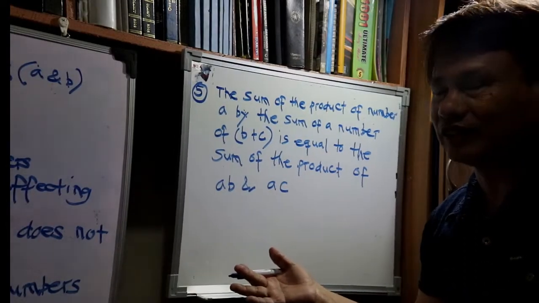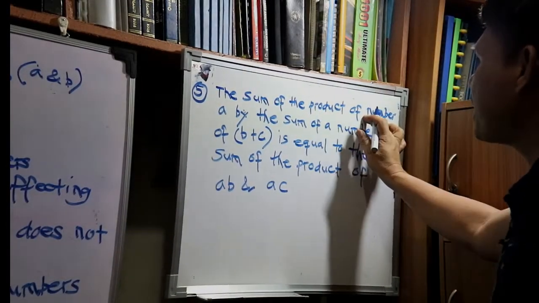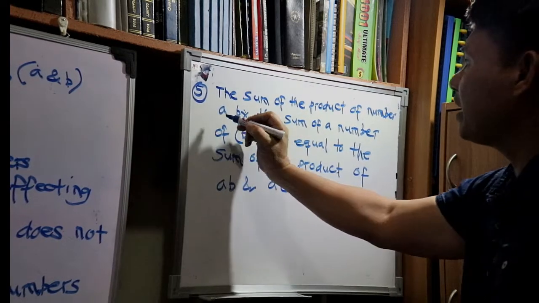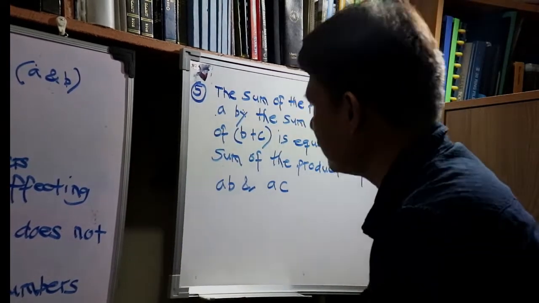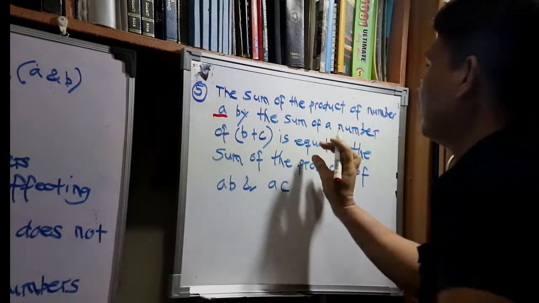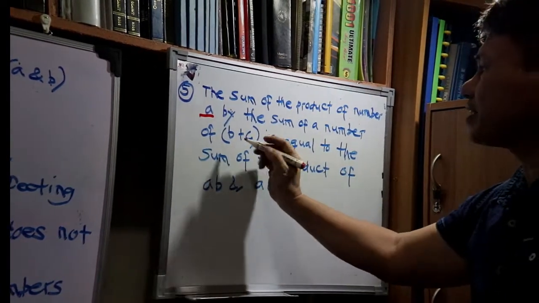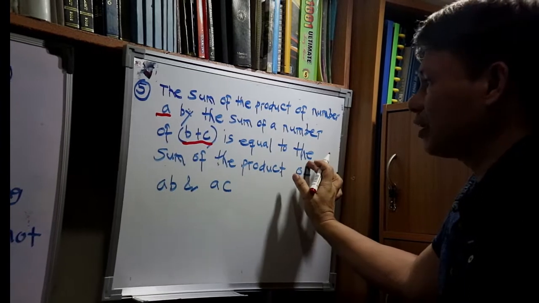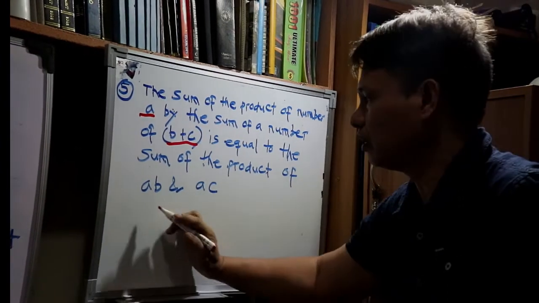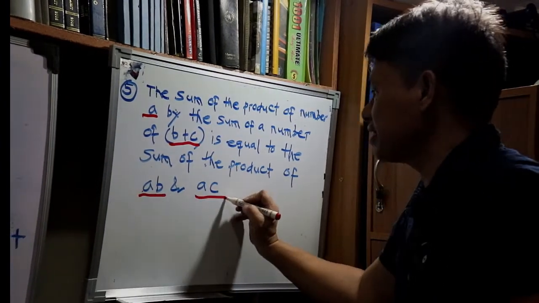You get it? So the product of a number A by the sum of the numbers B and C is equal to the sum of the products AB and AC.